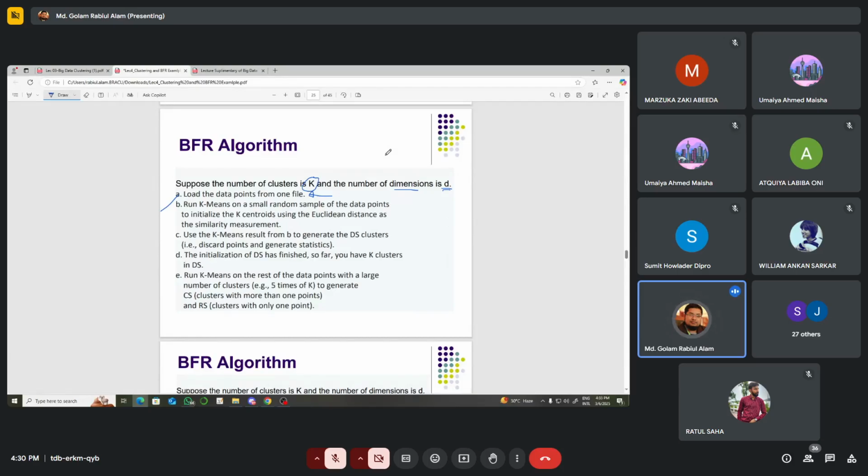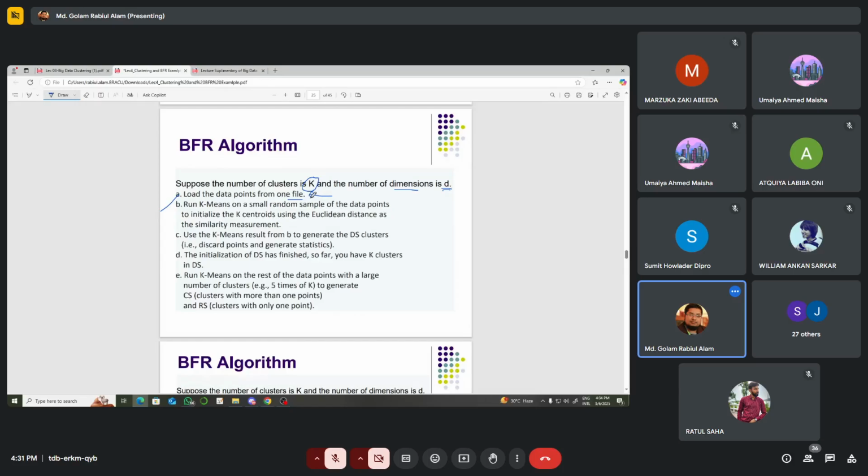So we divide the full data into several files or chunks, and load just a chunk of the data into main memory. Here, one file means one chunk.